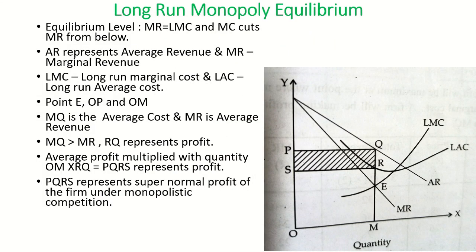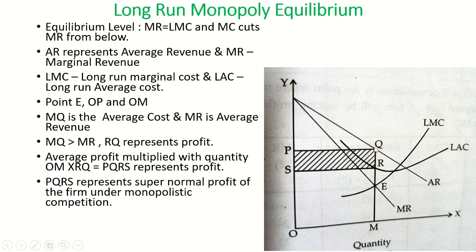Then this is the graph. Here also two axes, x and y axis. Quantity is recorded on the x axis, and the price is marked on the y axis. For attaining the equilibrium, we know the condition, that is marginal revenue should be equal to long run marginal cost, and MC cuts the MR from below.